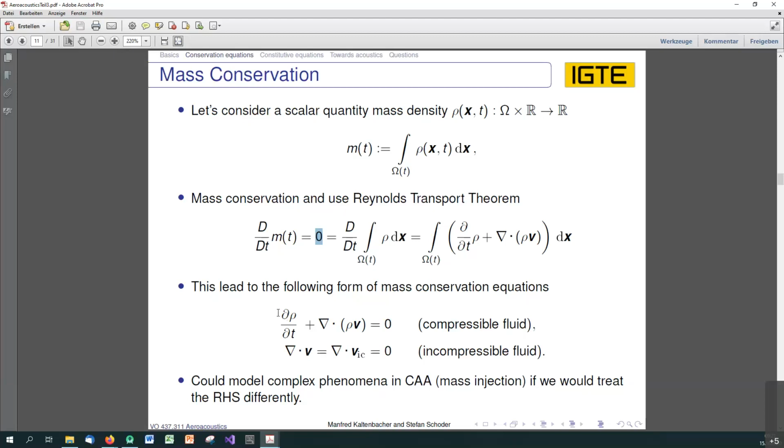But there are some fancy ways of modeling the two combined, for instance, if you would like to model rain or humid air. There are special models which can capture that. Okay.